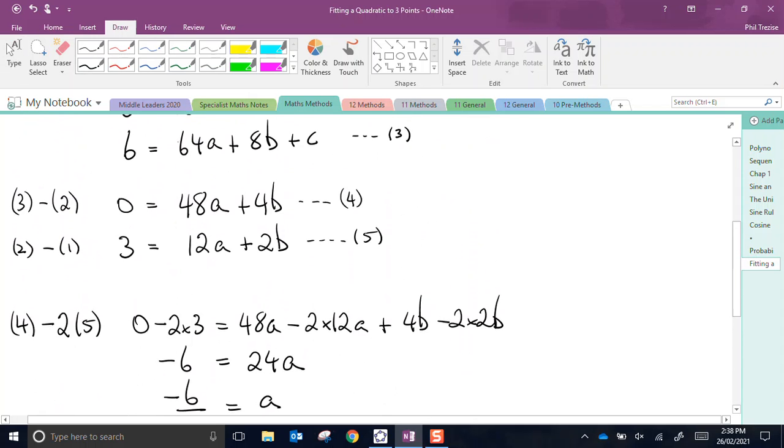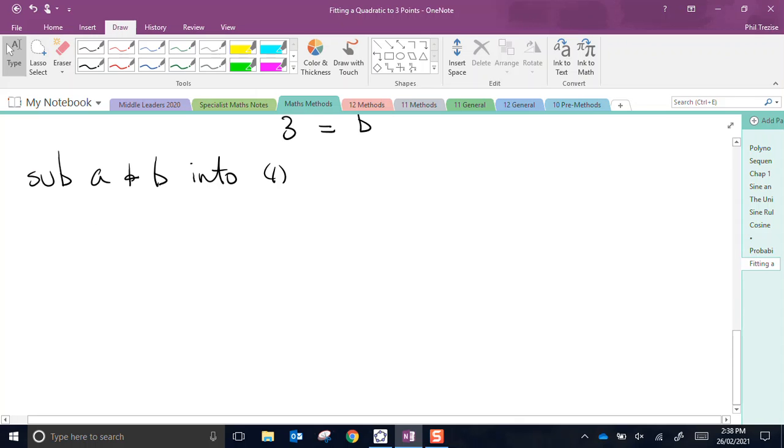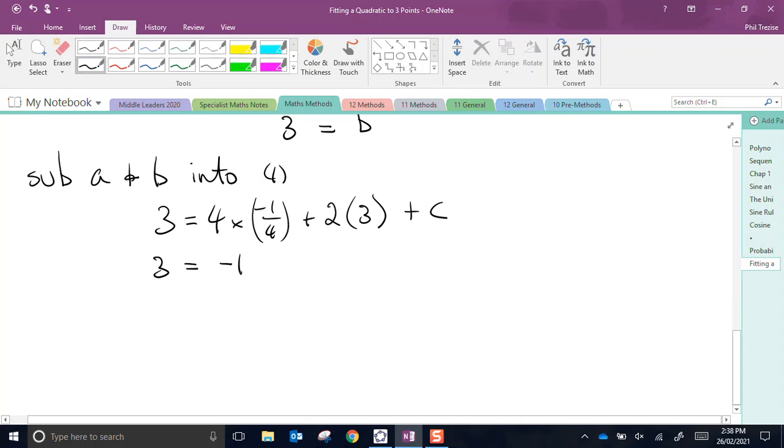Equation number 1 said 3 equaled 4a plus 2b plus c. 4 times negative a quarter is negative 1. 2 times 3 is a 6. 6 take 1, that's 5 plus c.